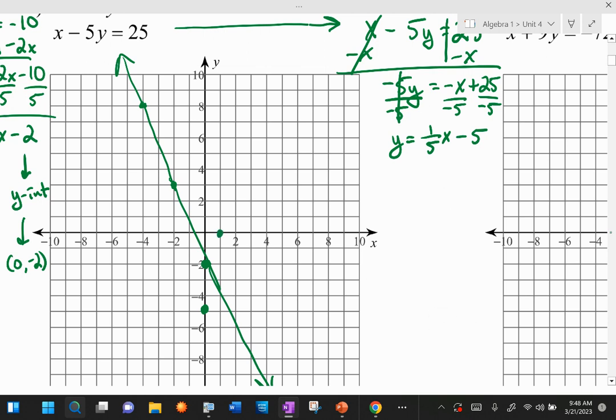Okay, over 1, up 1, 2, 3, 4, 5. We comfortable with that? Hopefully.